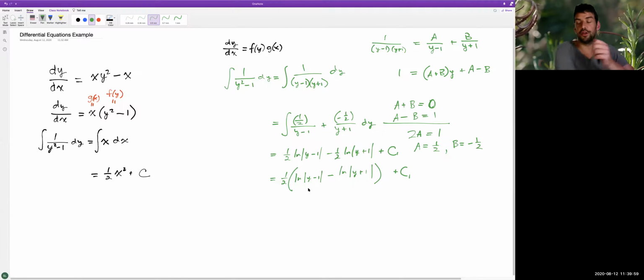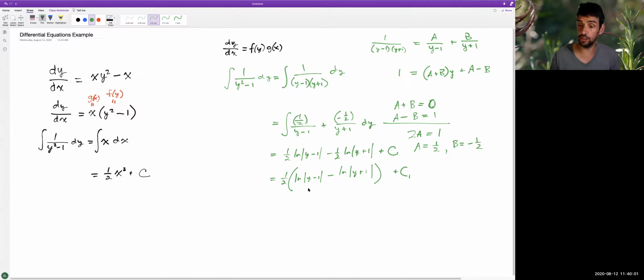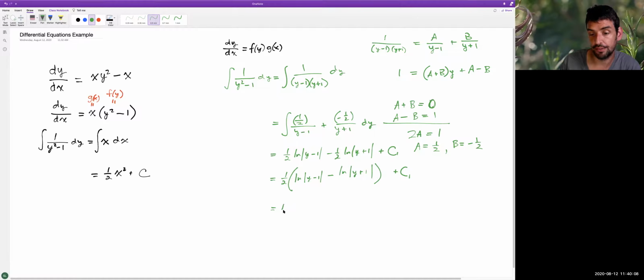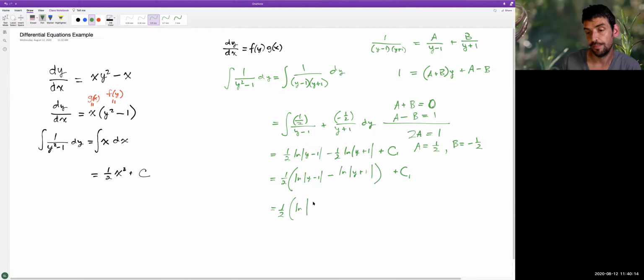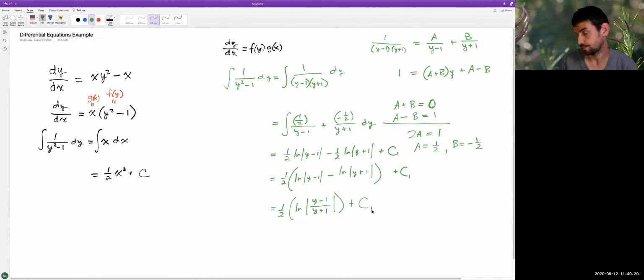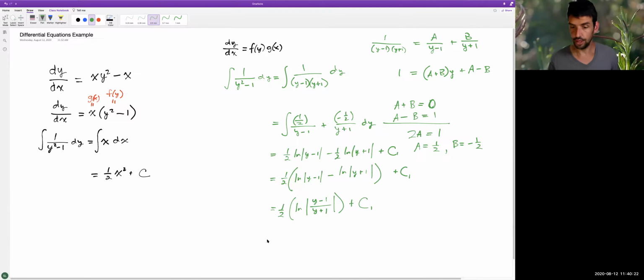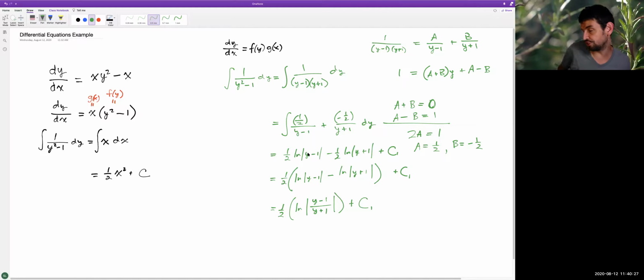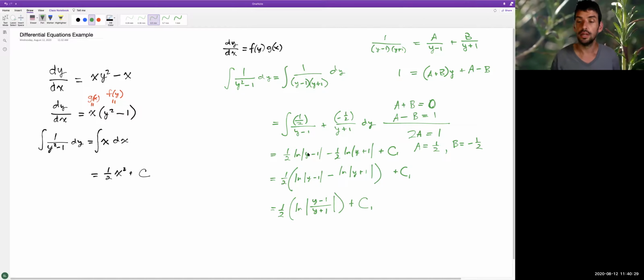I want to use one of the rules for natural logs, right? So because of the way natural logs are defined, there are some properties that can be derived from them. And one of them is that when you have a subtraction between two natural logs, you can turn it into a division within one natural log, right? So this is what the antiderivative ends up looking like, okay? So this is a nice, simple form.